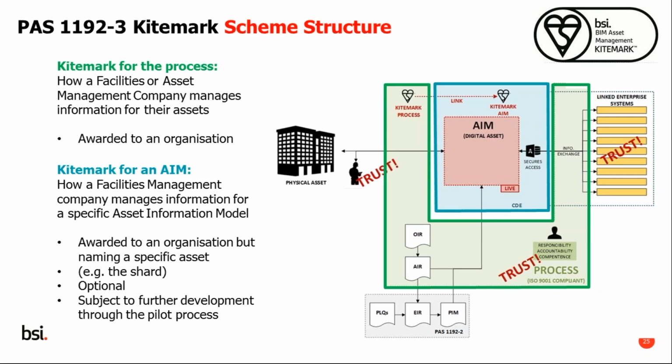If an organization is managing several assets in accordance with PAS 1192 Part 3, as long as the organization has a kite mark, it can have a separate kite mark for each of these assets. That's where you can relate it directly to the asset. And this is key. This is where we want to increase the value of the physical asset itself.